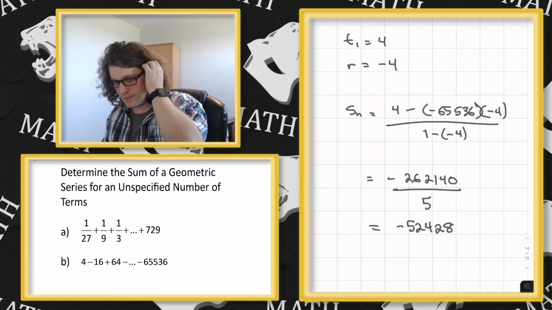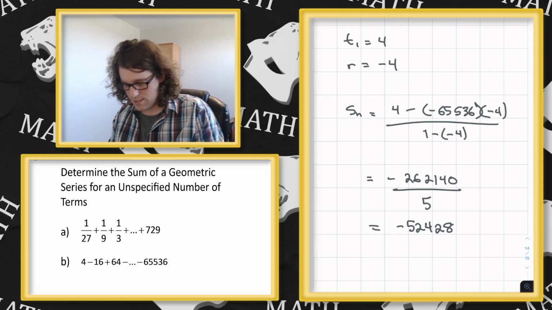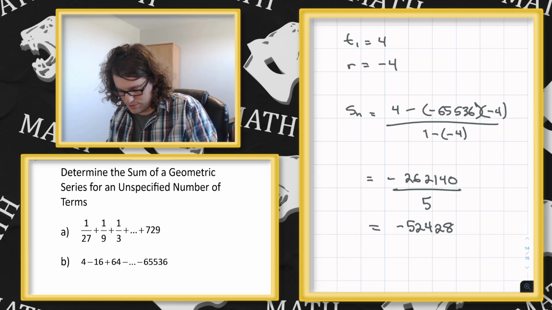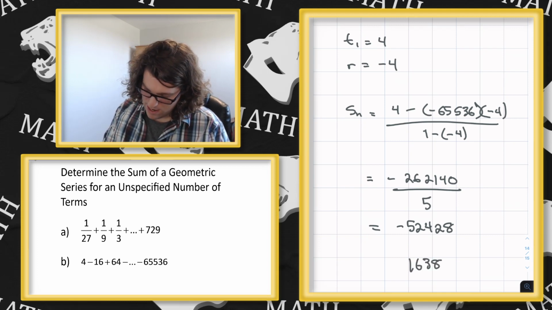Now, I'm going to try to explain to you why that seems kind of reasonable. It's because the previous number to the negative 65,536 would have been positive, and if we divide that by 4, it would have been 16,384.